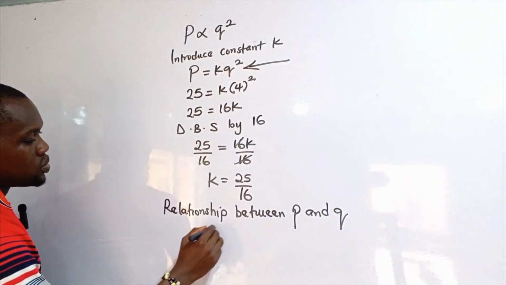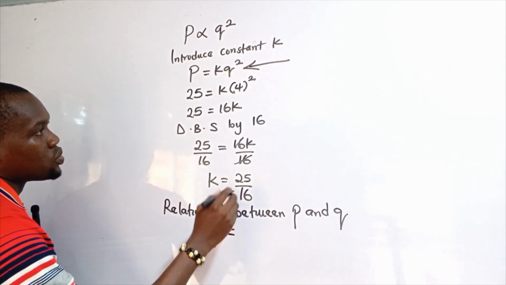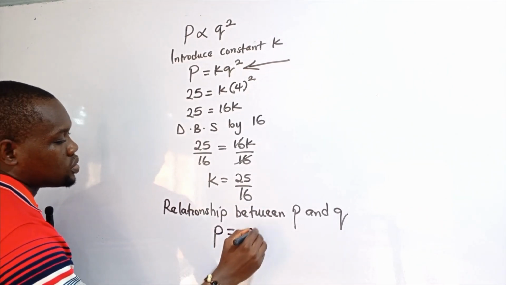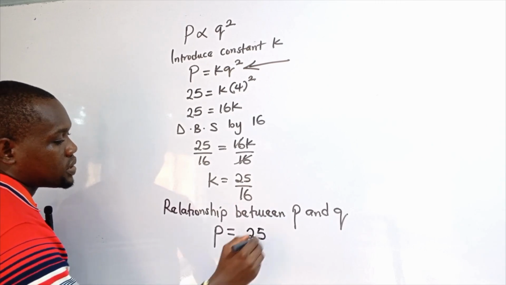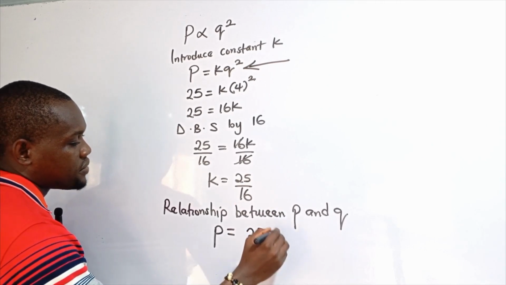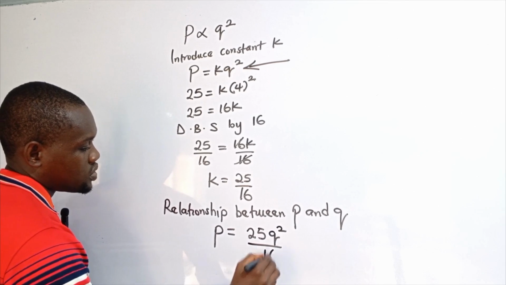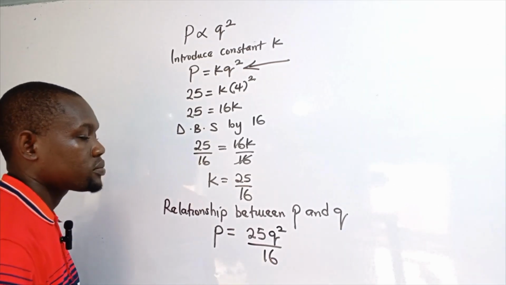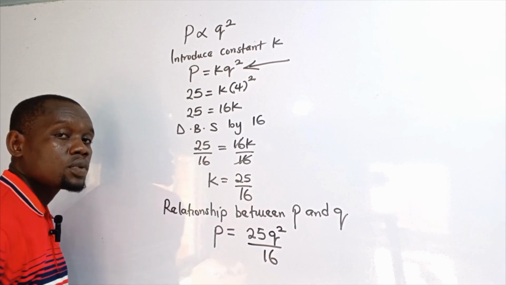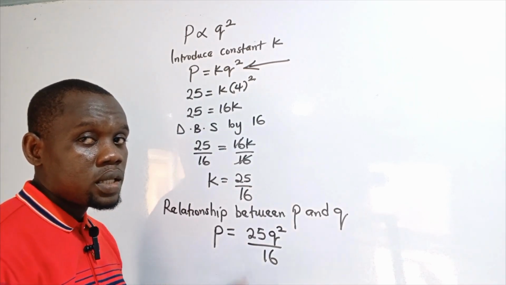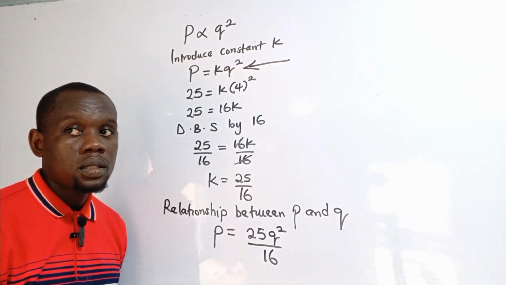That means we are going to have P equal to, our K now is 25 over 16. So we are going to have 25Q squared, everything all over 16. So this is the relationship that will now help us to answer question number 1.